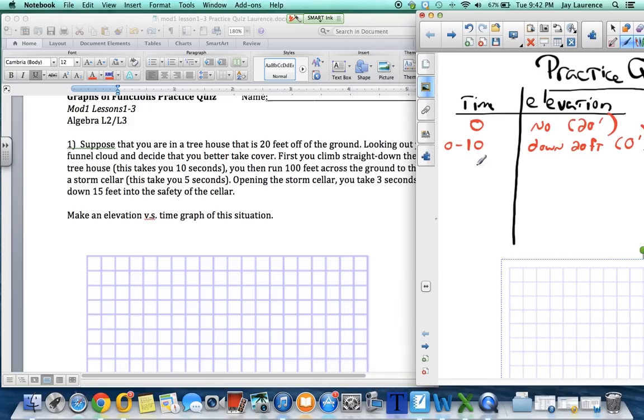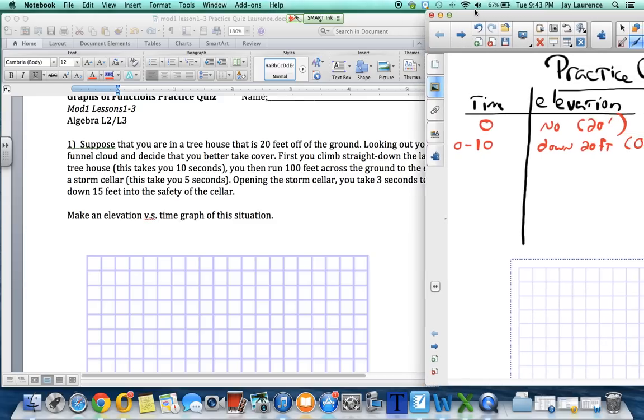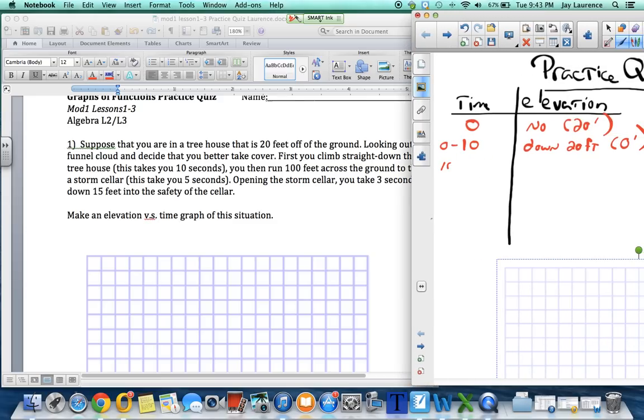Then we walk across the ground for 100 feet, and it takes us 5 seconds to do that. So from time 10 to 15, there's no change, and I'm still at 0 feet, because we're doing elevation, not distance across the ground.